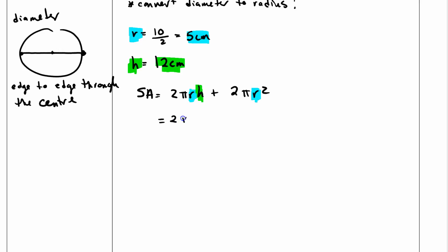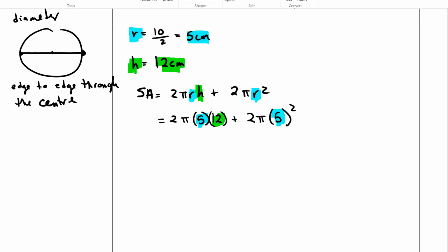So 2 pi r, which is 5, h, which is 12, plus 2 pi r, which is 5 squared. I'm going to go back in there, add my color, get that green, there we go.